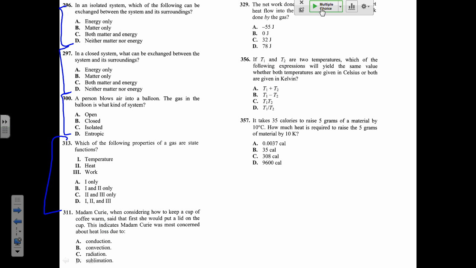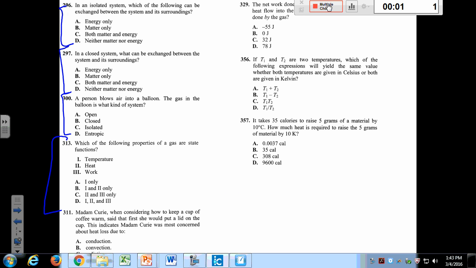Now number 311 down here, the one about Madame Curie. Go ahead and click in with your answer.